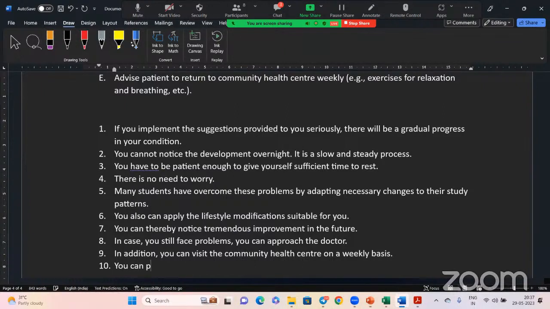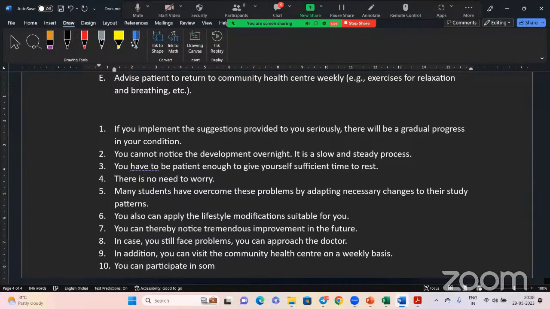You can participate in the exercises for relaxation.